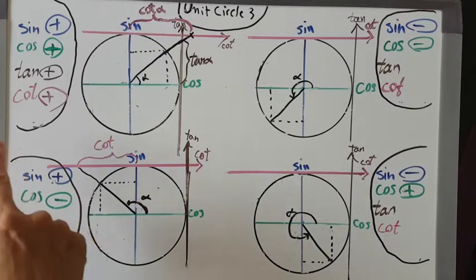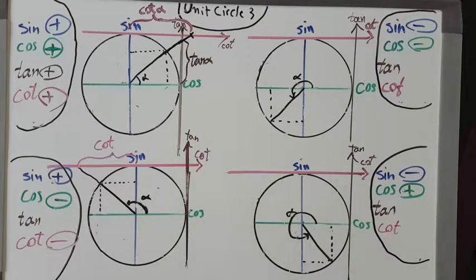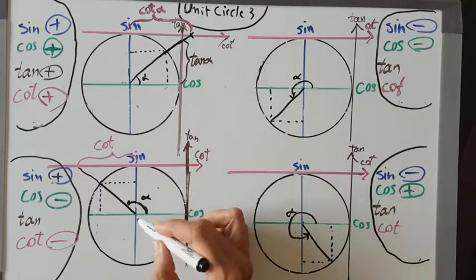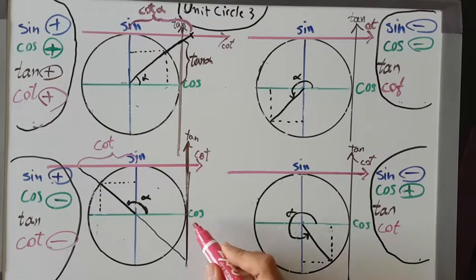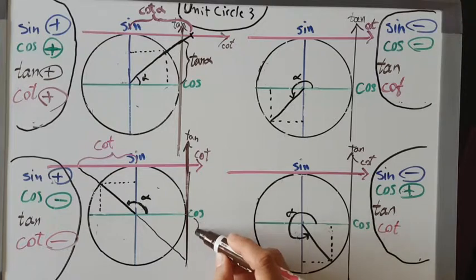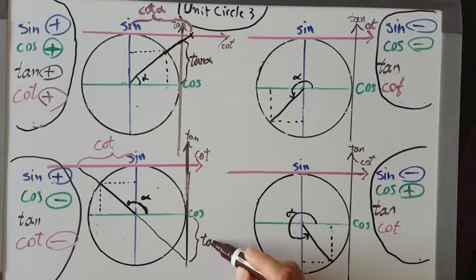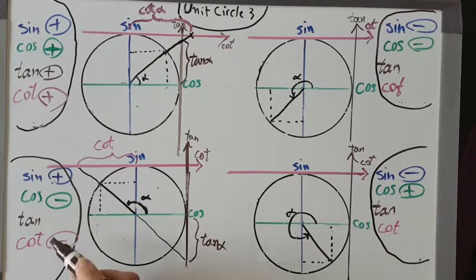If I move it this way, it's not going to meet the tan, so I have to continue this line the other way. And you can see that this is the tan of alpha, and it is negative as well.